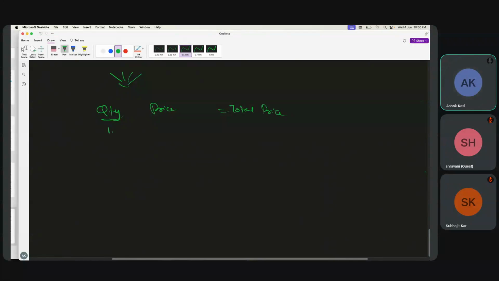Quantity is 1, price is 1000, total 1000. Now it is split into two parts. So quantity is 2, that doesn't mean you are going to get anything extra, but the price per share will come down proportionately. This is called stock split. The next one is reverse stock split.